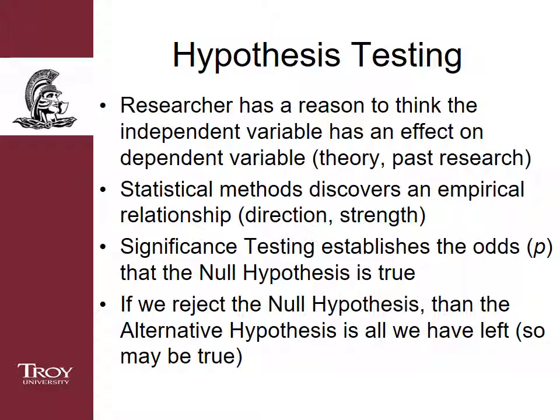And the question with a relationship is always, what direction is it in? Direction is, in my example, more women favor gun control than men. So we're looking for a direction of relationship. And then there's a strength. Again, in my example, 5% more women favored gun control than men.